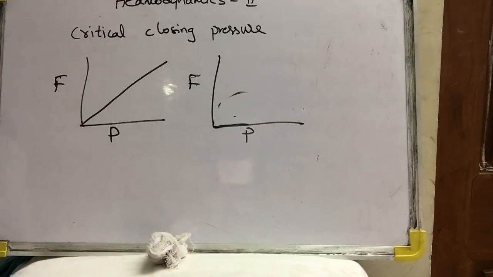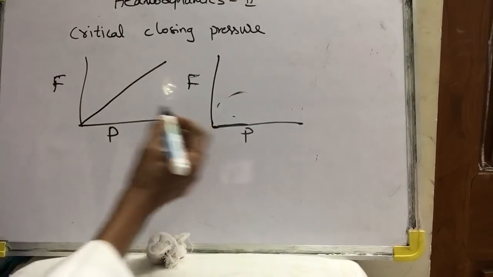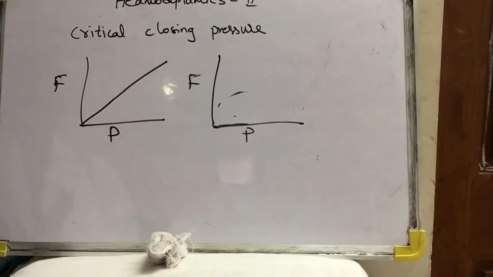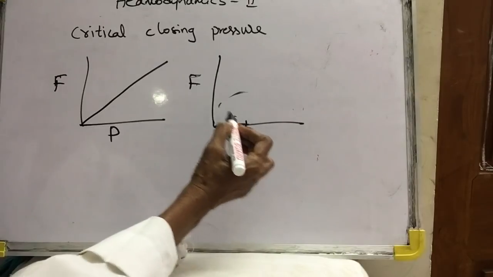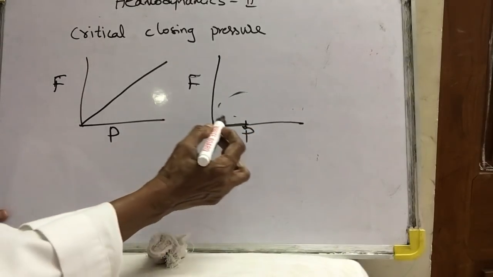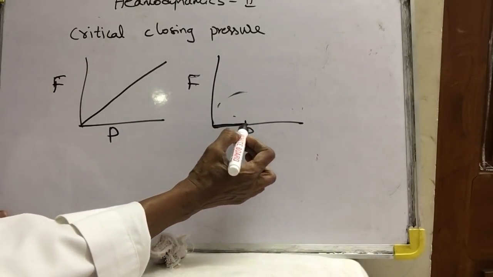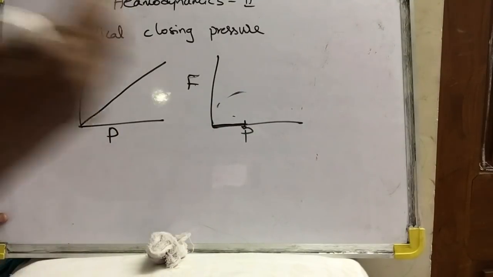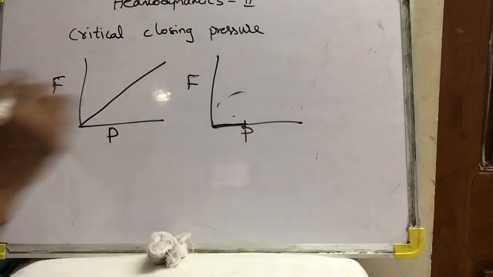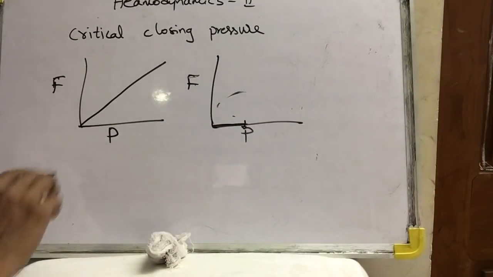And this is explained by two factors. One is pressure is required to force the red cells to pass through the capillaries. See, some amount of pressure is needed for the blood to flow in the vessel wall. Since the pressure is very less or zero here, the blood cells cannot be pushed forward, so the flow will be very less or nil.